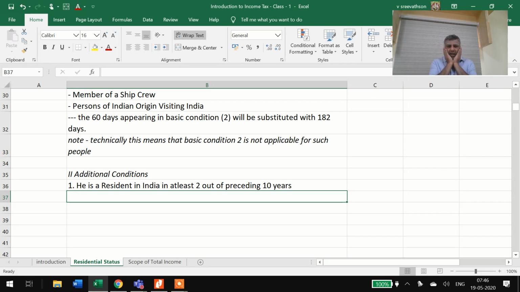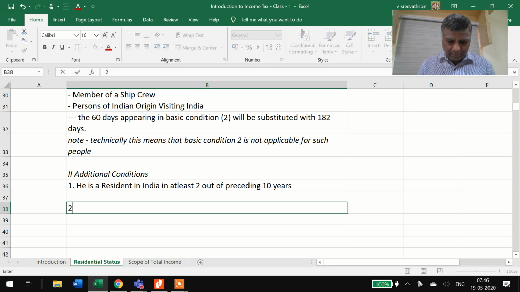Who is a resident? One who satisfies basic condition. He is a resident in India in at least 2 out of the past 10 years, leaving the previous year, preceding 10 years.